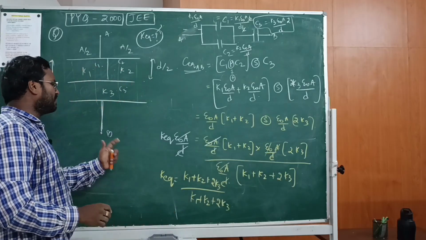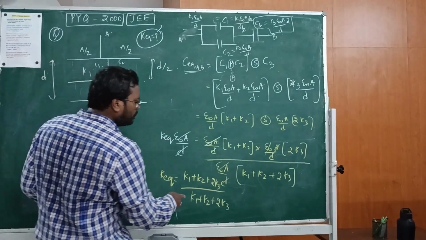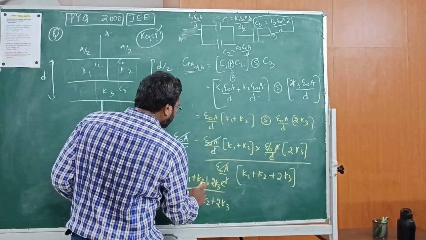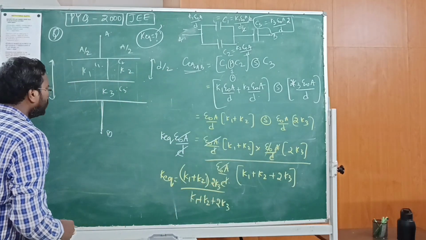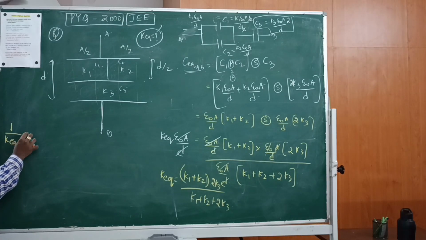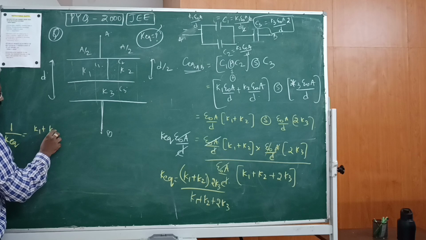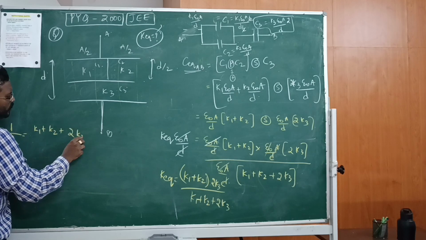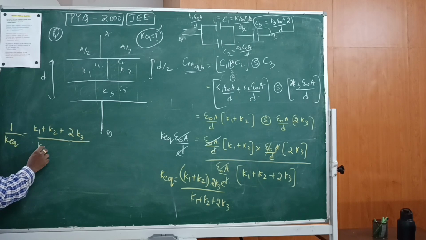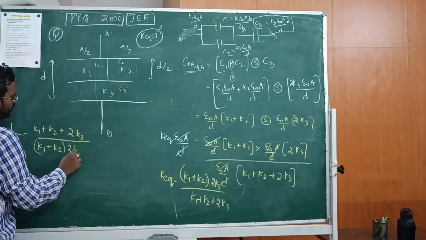Sometimes they will ask us 1 by K equivalent. 1 by K equivalent is going to be what? K1 plus K2 into 2K3, this is correct. So 1 by K equivalent we can write as K1 plus K2 plus 2K3 divided by K1 plus K2 into 2K3.